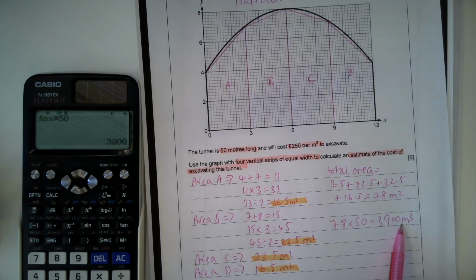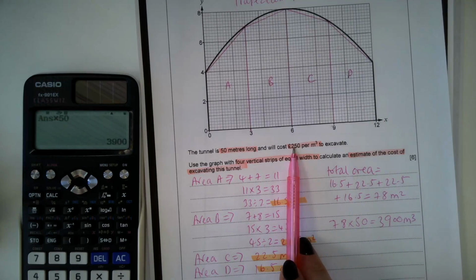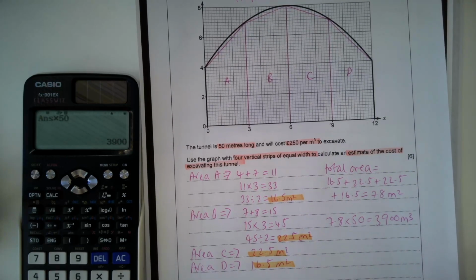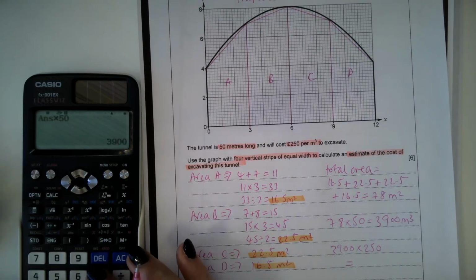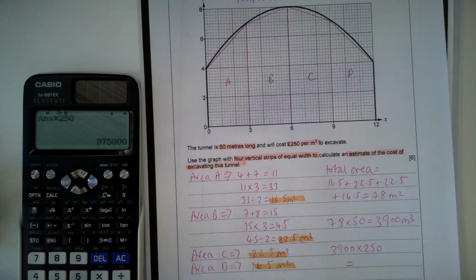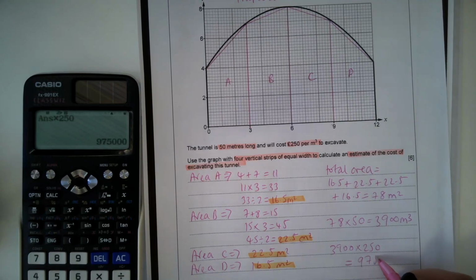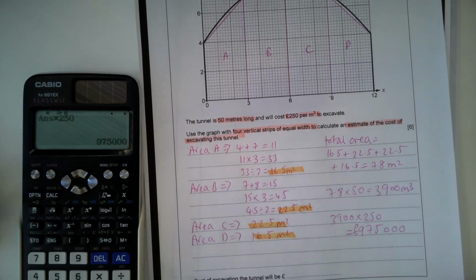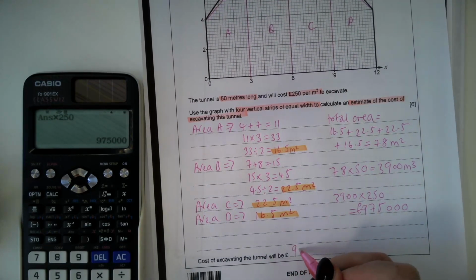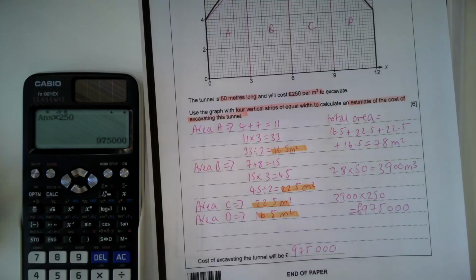Wonderful. That's a total volume. It costs £250 per metre cubed to excavate. So we're going to times that by 250 to find the total cost. And again, this is where not deleting things out of our calculator helps us a little bit with time and accuracy. So it should cost £975,000 to excavate that tunnel. So £975,000. And that's the end of the paper.